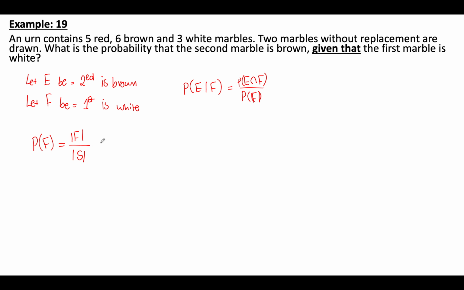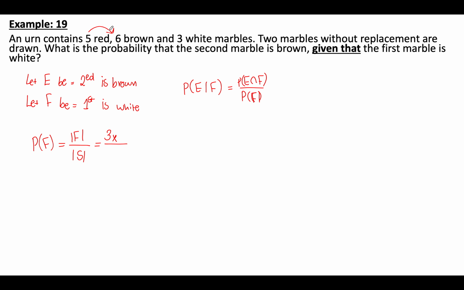Now the possible outcomes of F, which is the first marble is white: I will take a marble twice. The first time, the only chances I got are the white marbles, which are 3. The second time I'm getting a marble, how many chances will I have?